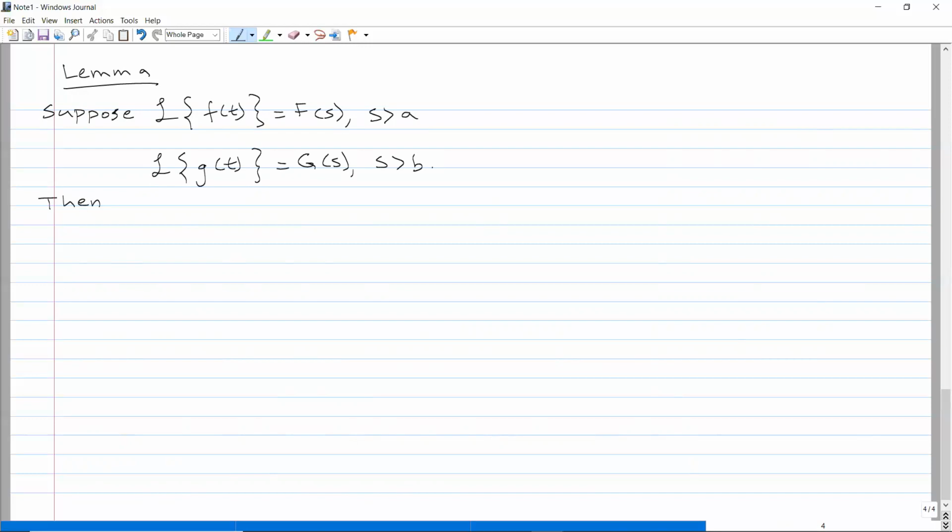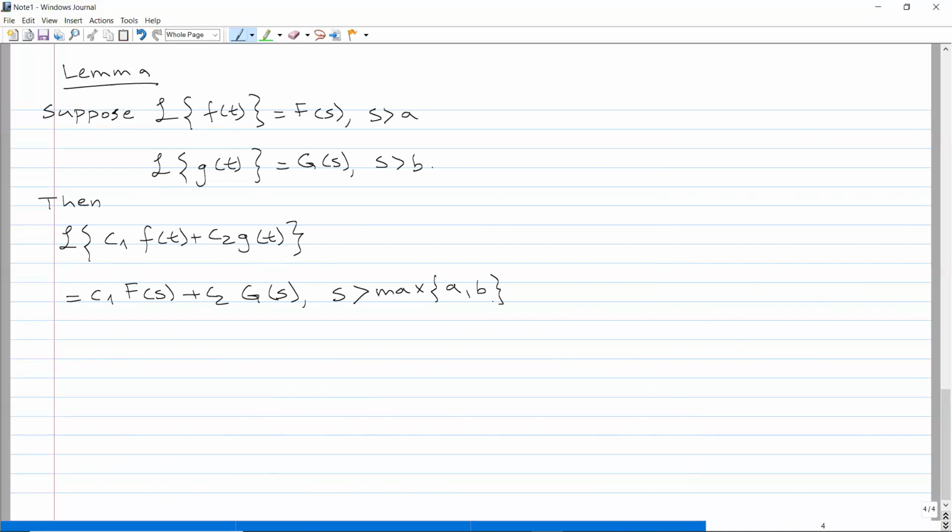Then, when you take the Laplace transform of a linear combination, C1 f of t plus C2 g of t, it is going to be C1 capital F plus C2 capital G for s greater than the larger of the two, the maximum of a and b. Whichever is larger, you take s greater than that one.